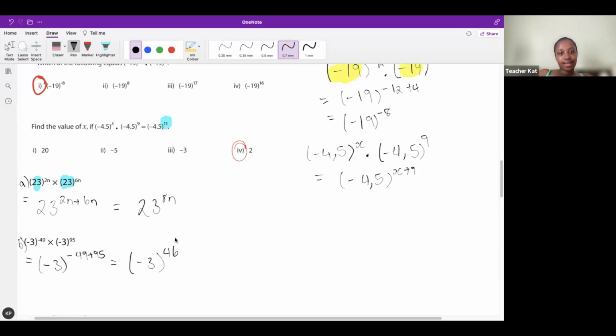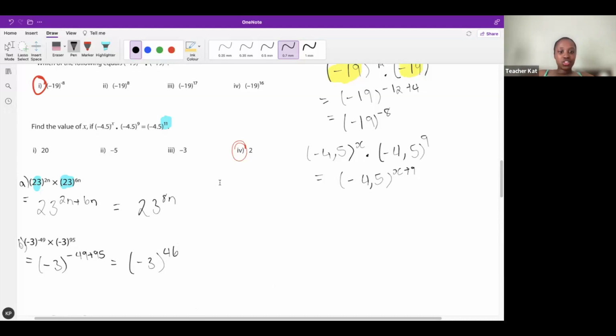Do you guys think this answer will be positive or negative? Let me see what we think. Do you guys think this answer will be positive? How do you know that it will be positive? How do we know that my answer is going to be positive? Ooh, that's something to think about.